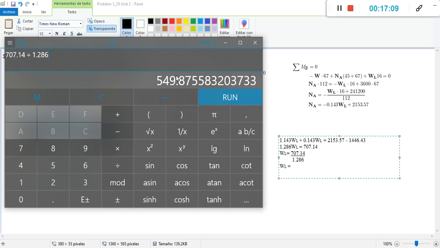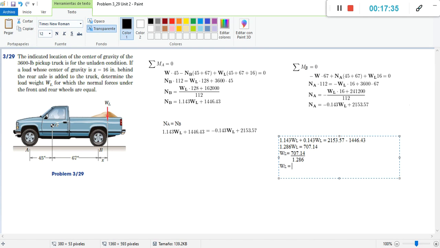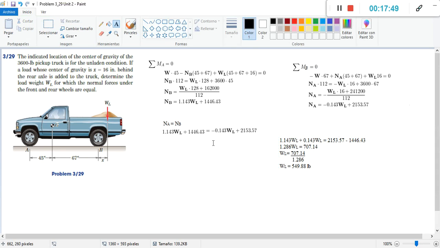And we have that the weight load in order to the normal forces in the wheel A and the wheel B to be equal is 549.87, and we can round this as 549.88, so we can write it as 549.88 pounds. So this is the answer for this question.